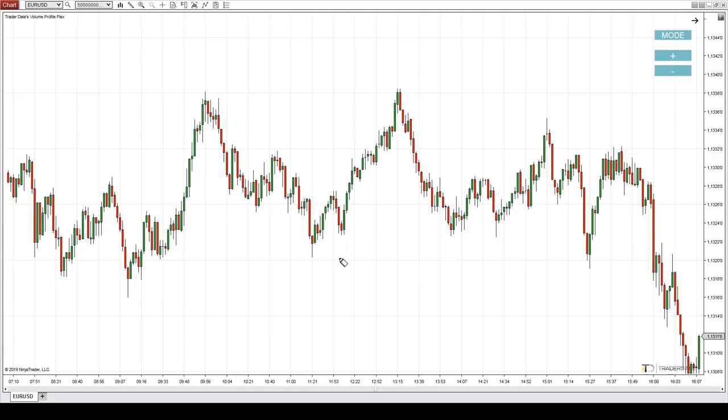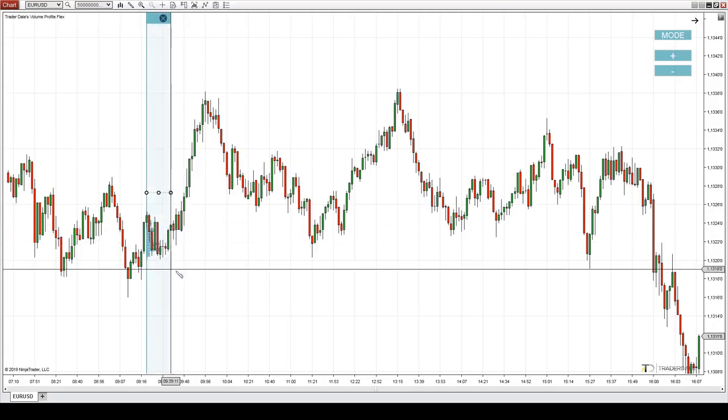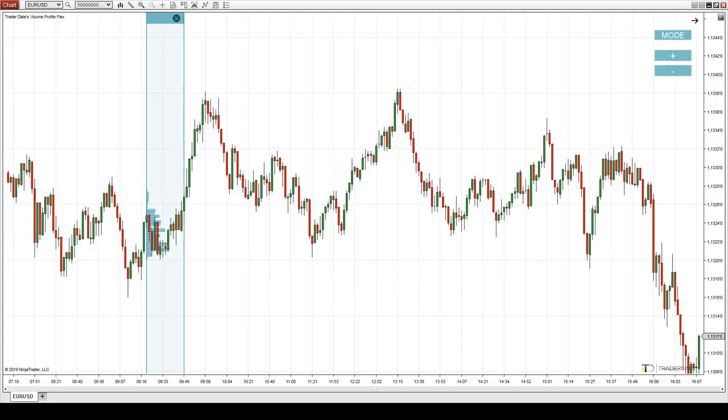Another example of the volume accumulation is in here. There's a rotation followed by strong buying activity. But what I don't really like is that those volumes created within the rotation got sort of tested with this candle right there.